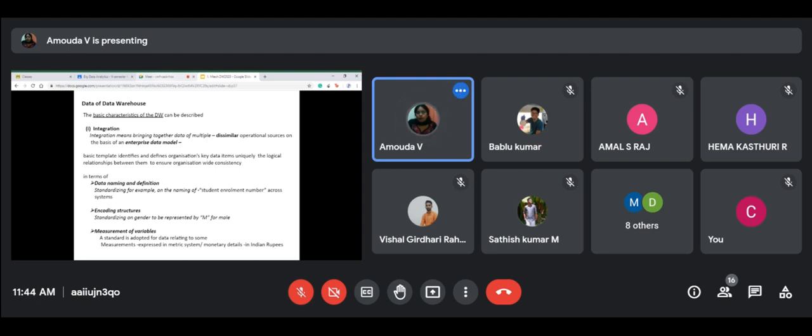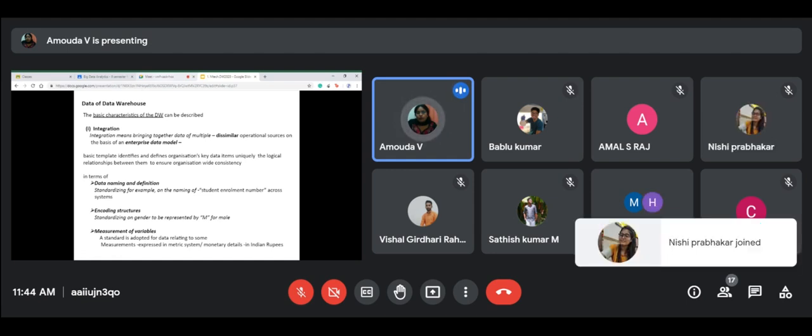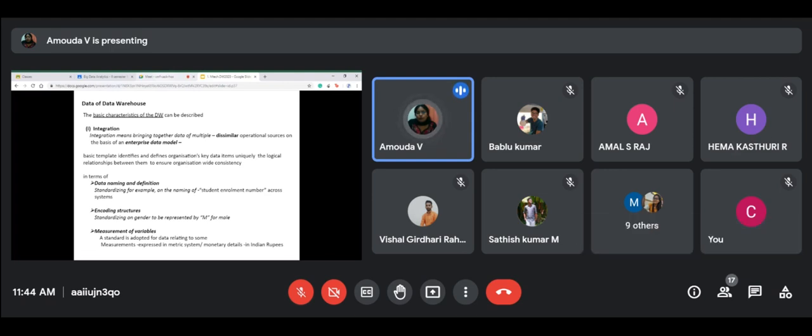In that case, for the enterprise data model, first all of it should be studied. What is required? What is the key data item required for the entire enterprise? That part you have to identify first. The basic template identifies and defines the organization. Only from the model already followed by the enterprise can you get the key data.